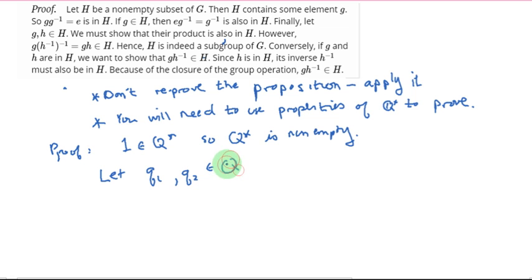All right, now again, I'm going to have to use properties of Q star. What do we know about Q star? They're rational numbers, and they're non-zero. This means that I can write q1 as a over b, and q2 as c over d, where a, b, c, d are non-zero integers.